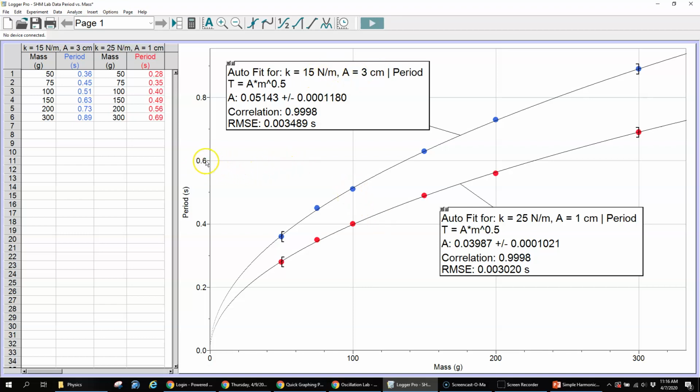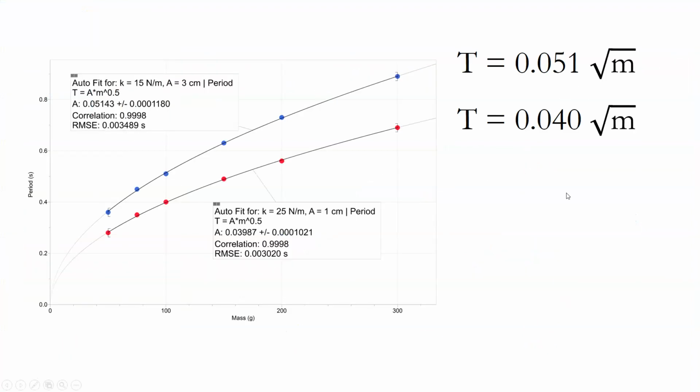If I wanted a period of 0.6 for this system, I would need that value of mass. But for this system, I would need that value of mass. So here are those two math models simplified.